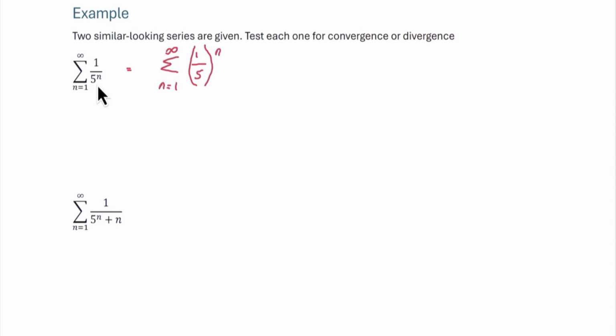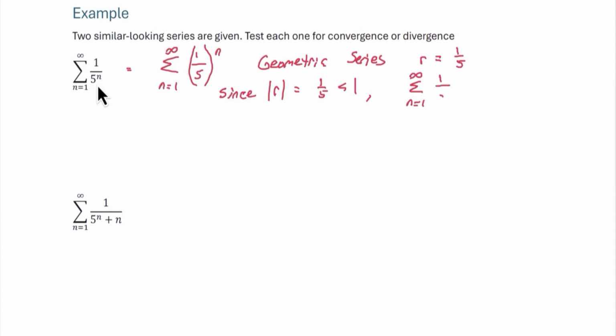This we now know is a geometric series, and r is equal to 1/5, that base that's being raised to the nth power. Since the absolute value of r is equal to 1/5, and we know that that is less than 1, we can say the series 1 divided by 5 to the n converges.